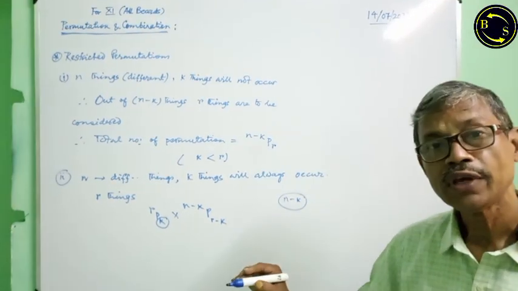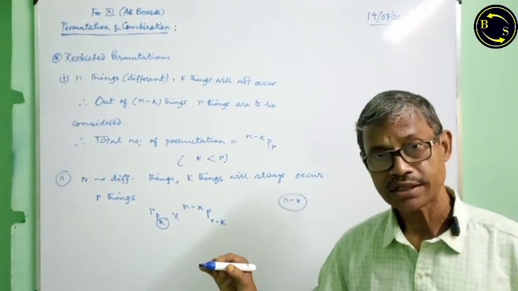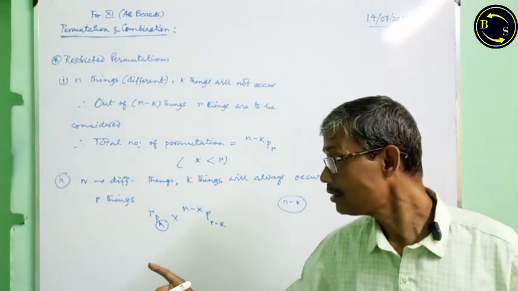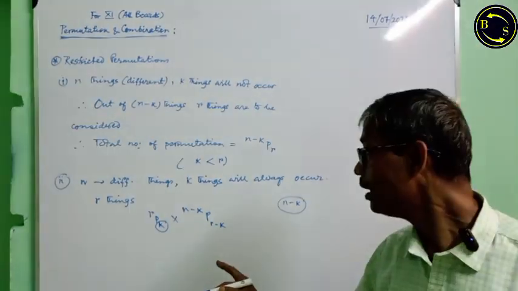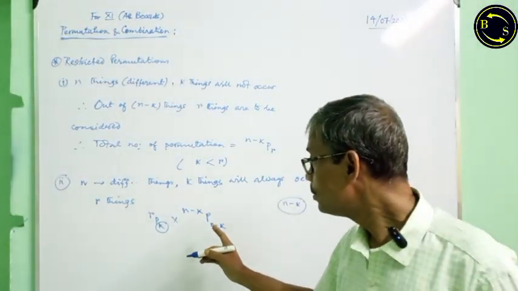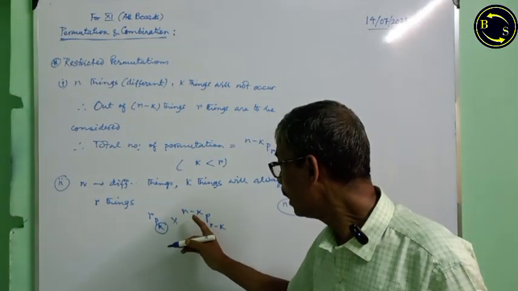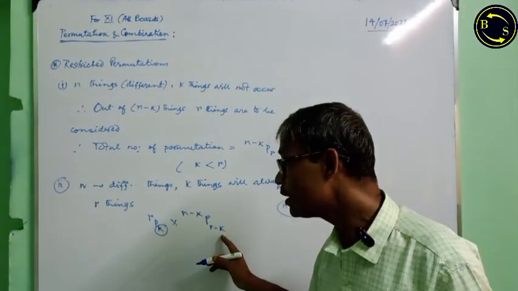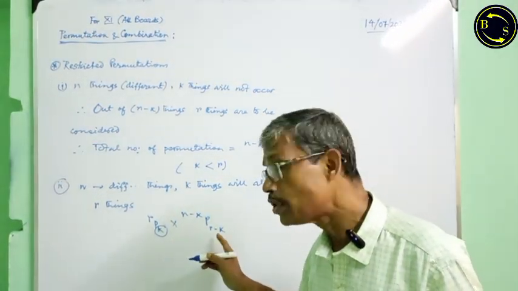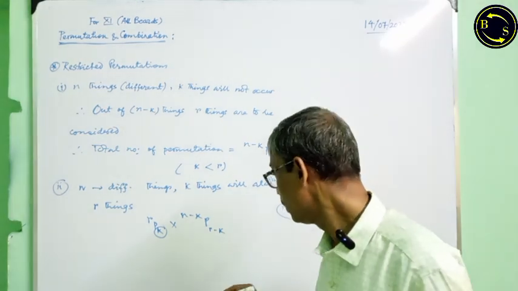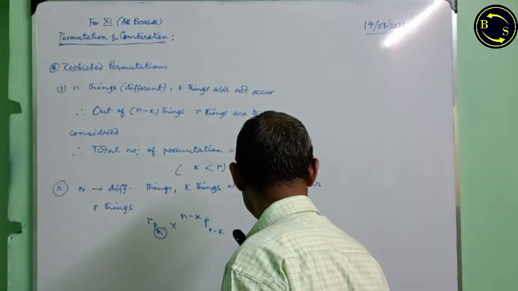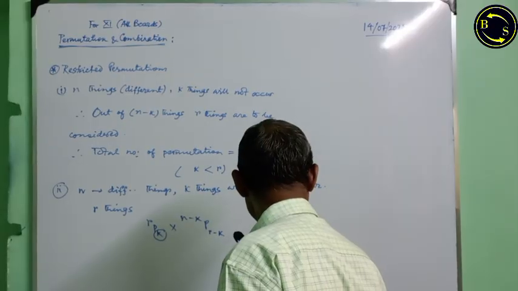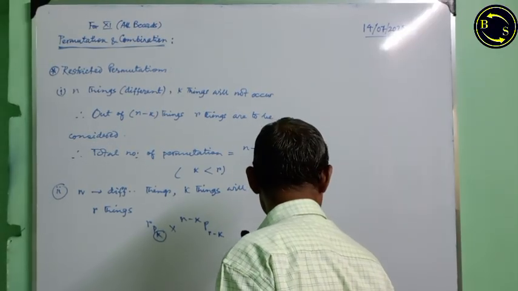Then if we fill k places out of R places, of course k is less than R here, then out of n minus k remaining things, we have to take R minus k, because total number of things to be taken are R minus k plus k, that is equal to R.